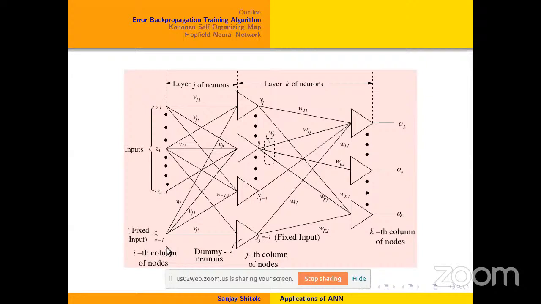Okay, so this bias input you are observing is -1. As well as in the hidden layer also we have one bias input. Why do we use the bias? During the algorithm discussion also we'll talk about it. But now what I just want to say is, the additional bias input will help you during the training.